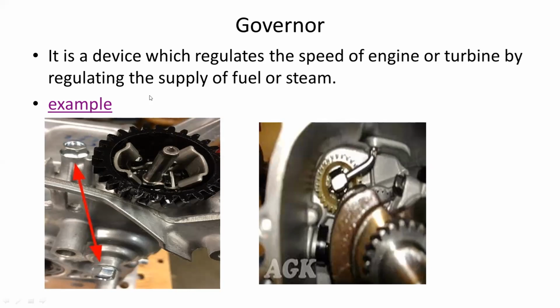In the vehicle, there is one extra adjustment given for the speed limit. It is called a governor. This governor will limit the amount of fuel given to the carburetor. It will decide what the minimum limit and the maximum limit are. Beyond that limit, you cannot run the engine or cannot exceed the speed limit of that engine.